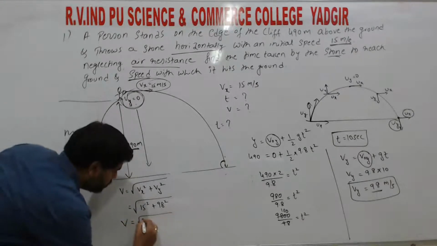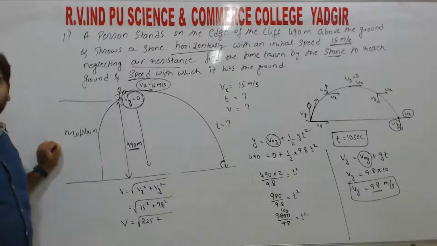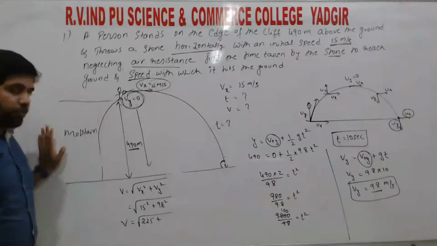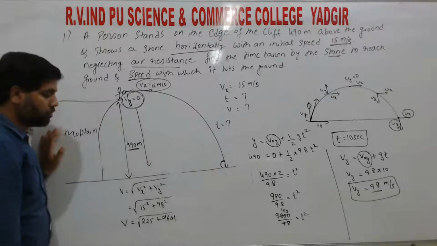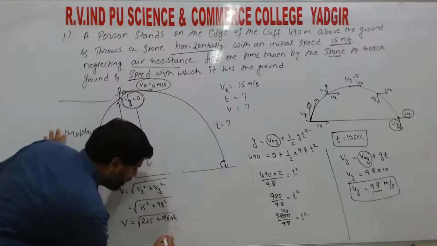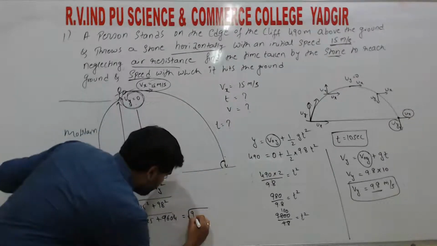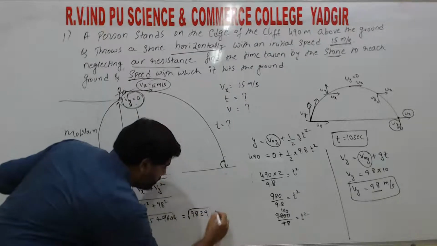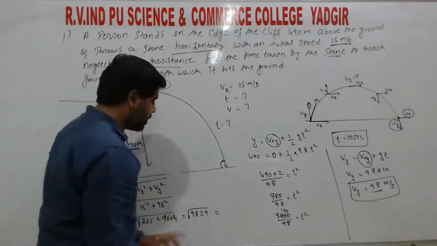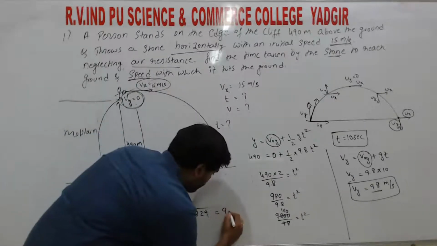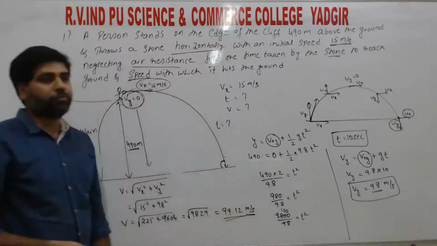So v is equals to 225 plus 98 square, 9604 plus 225, so under square root 9829. So we get the velocity how much? Under square root 9829. So approximately 99.12 meter per second, right?